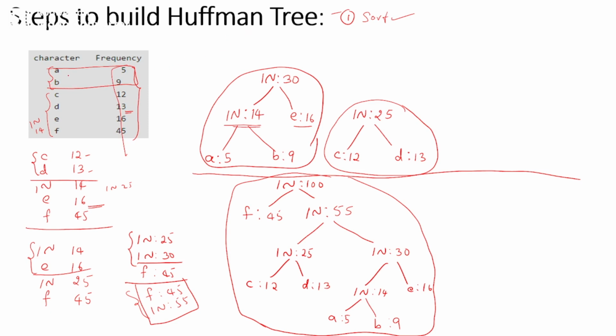In the second step, you need to select the first two smallest characters, and then you need to build the Huffman tree by adding the first two frequencies, and you are going to get the inner node. In the similar way you connect it to the other nodes and you are going to get the Huffman tree at the end. Now what is the use of this Huffman tree?